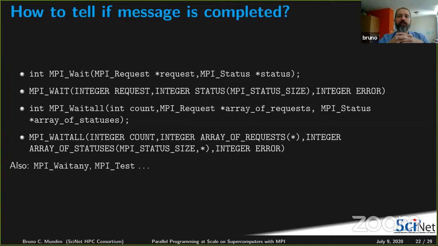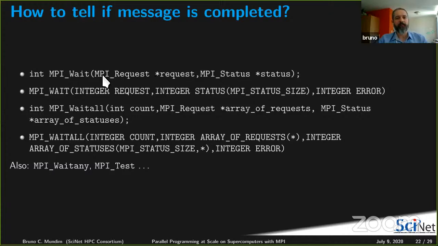And how do we know that that communication is done? That's the question that I think James just asked, right? And we have two ways of doing that. One is with the MPI wait, and it's a blocking operation.